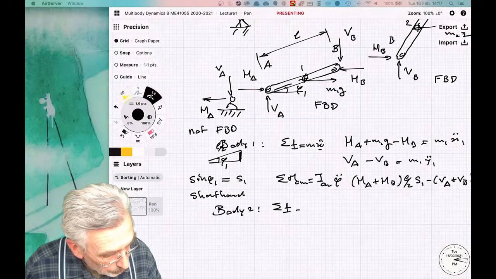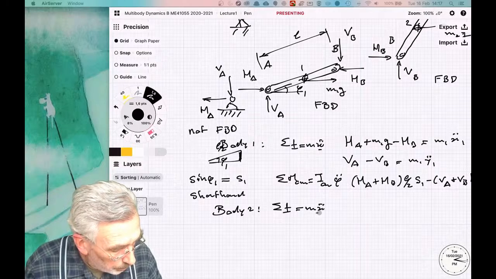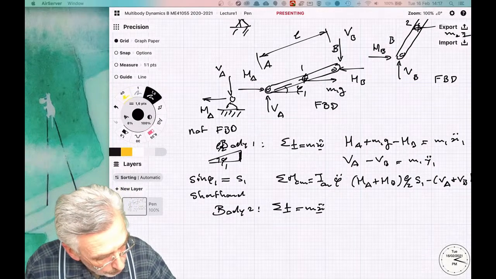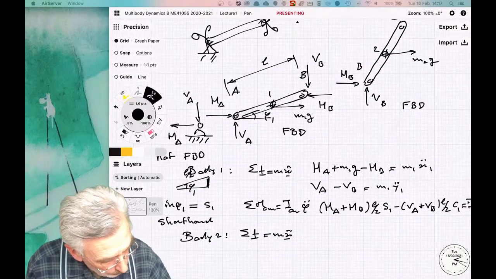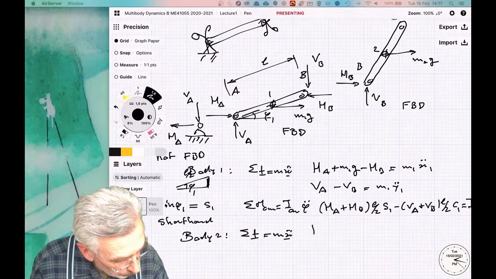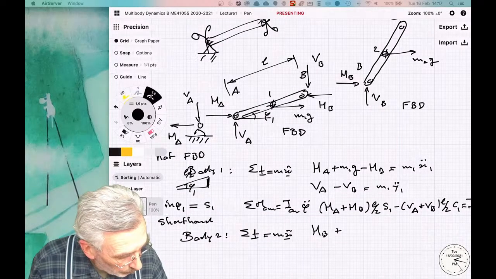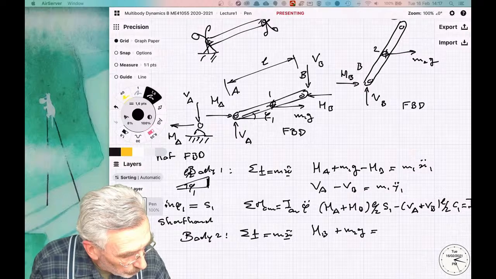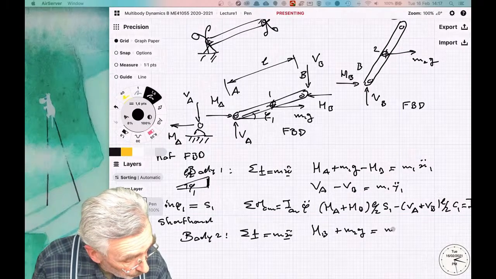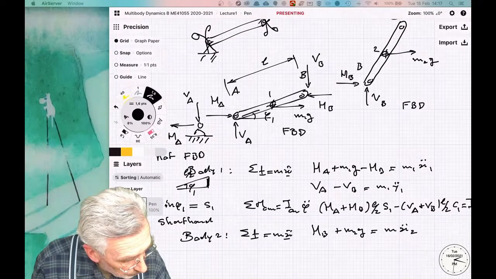Again, the sum of the forces is mass times acceleration. Body 2, we have to keep that in the picture. So that's a horizontal force HB plus M2G equals mass times x double dot 2.